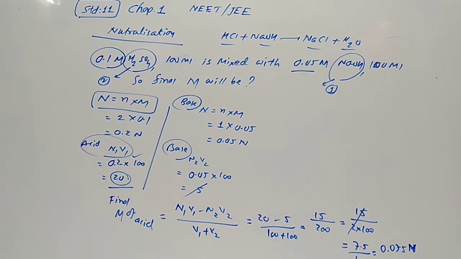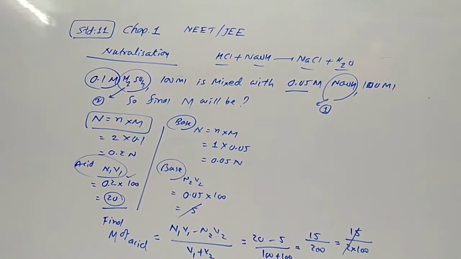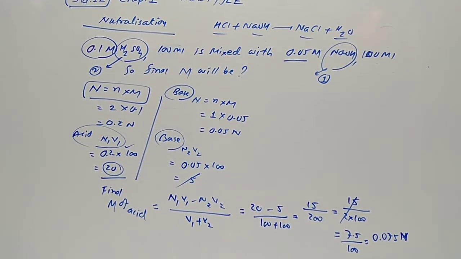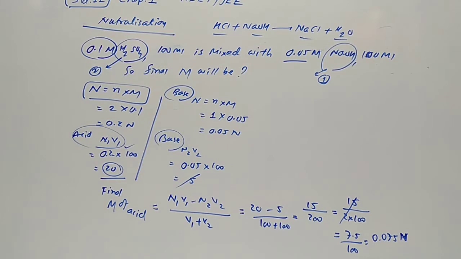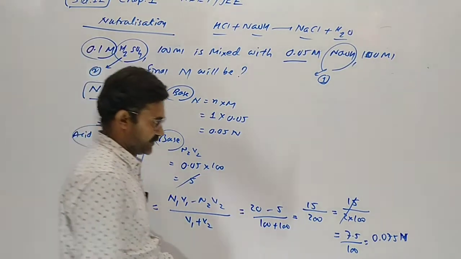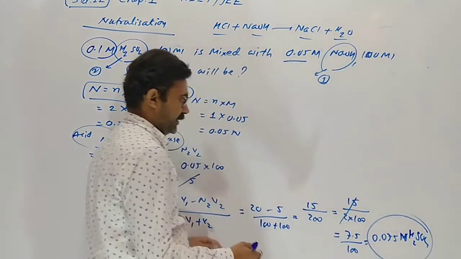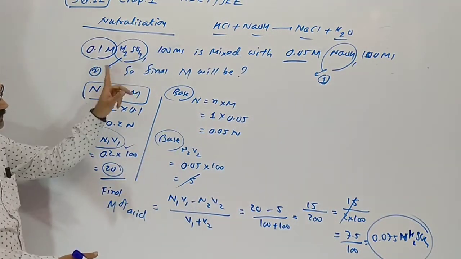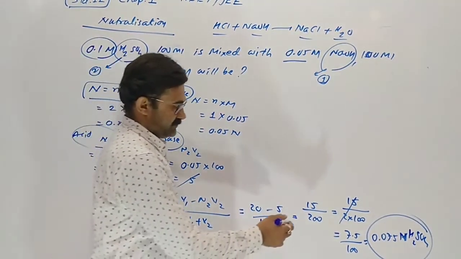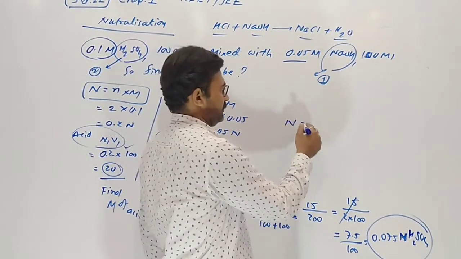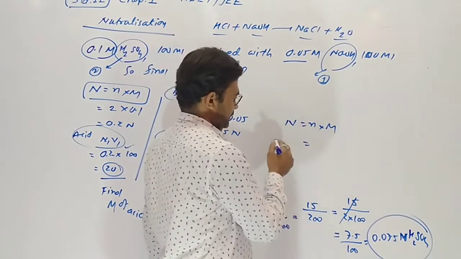0.075 normality. But if the question is asked in molarity, then what do we have to do? This is the normality of sulfuric acid. In the calculation, normality is compulsory for neutralization. So we have to convert into molarity.